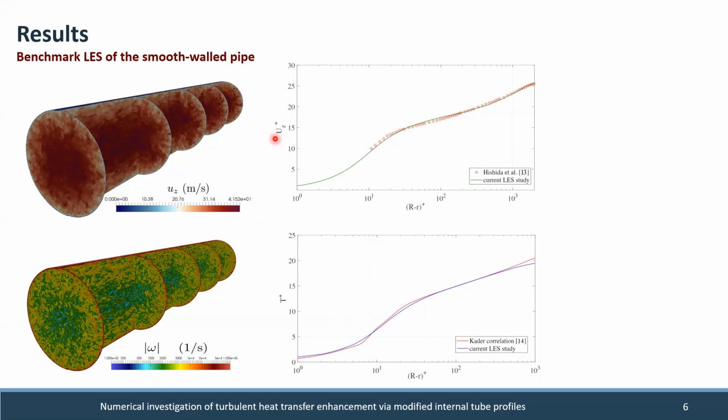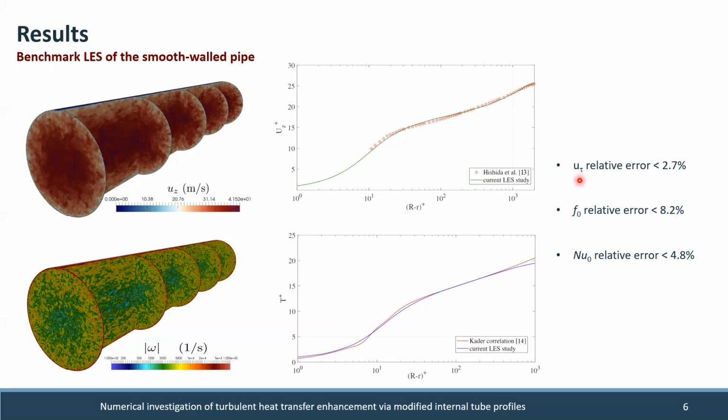The streamwise velocity profile and the temperature profile is calculated based on the results of the simulation, and it's compared with experimental data and published correlations that we have, and the agreement is really good.